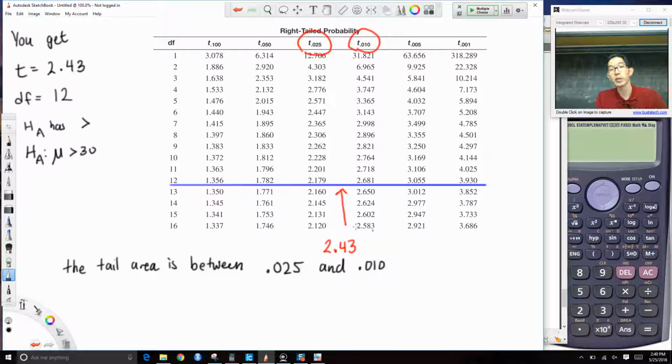Because 2.43 is in between these two columns, my corresponding tail area will be in between these two column headings of 0.025 and 0.01.